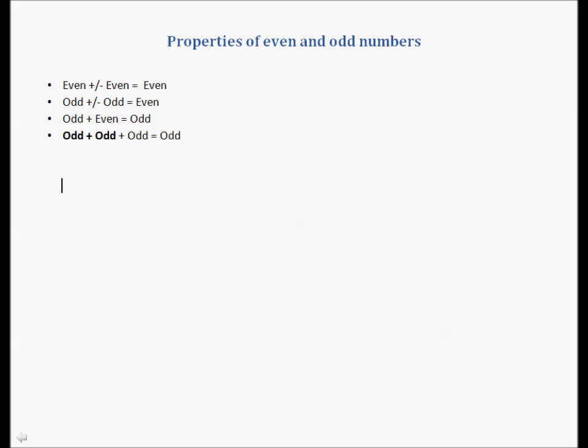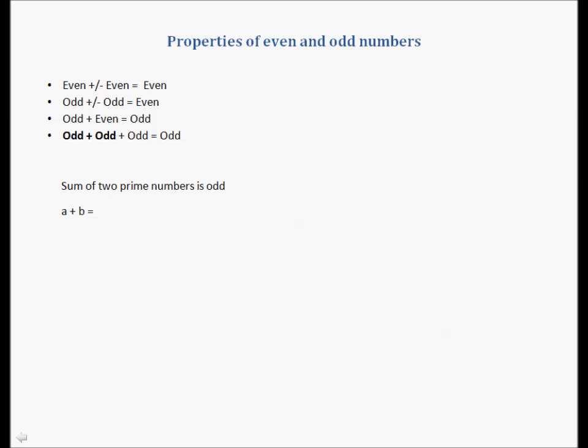Now let's see where these properties would be used. We'll combine the concept of prime numbers and even and odd numbers. Let's see, there is a statement in your question paper which says sum of two prime numbers is odd. Now what do we deduce from this statement? This statement means that we have two numbers, let's say a plus b, right?